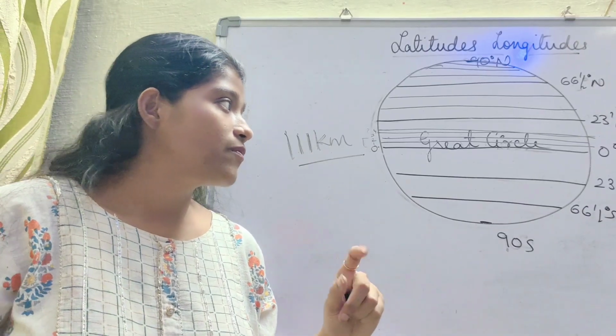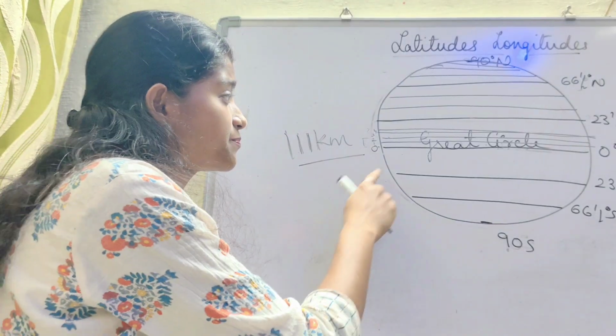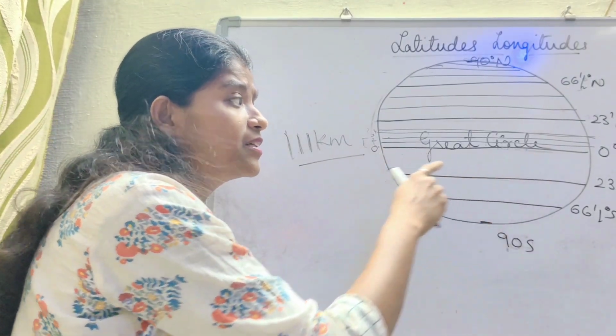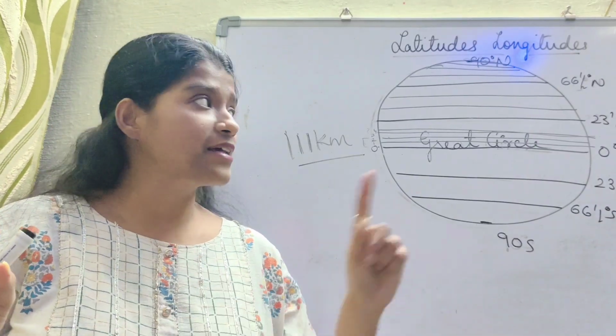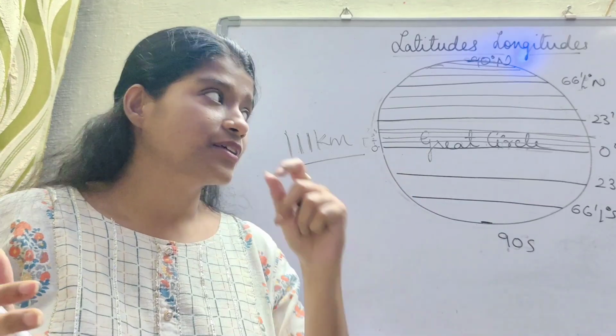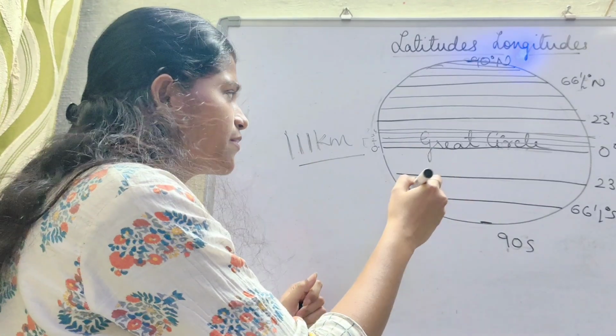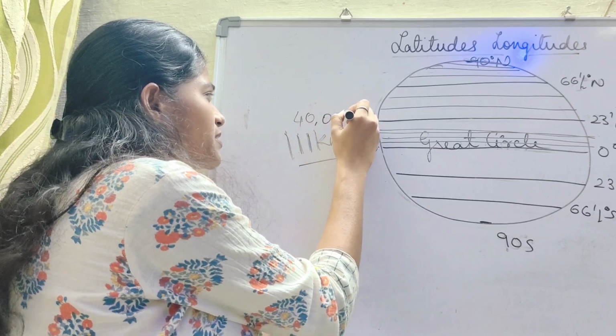I have told you that the length of the equator is the longest as compared to all the lines of latitudes. So what is the length of the equator? It is somewhere around 40,056.